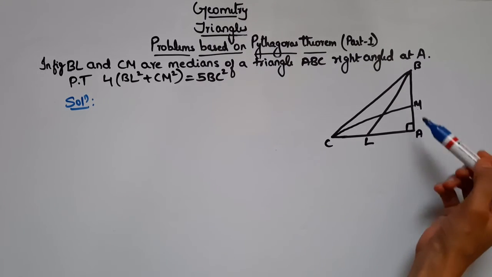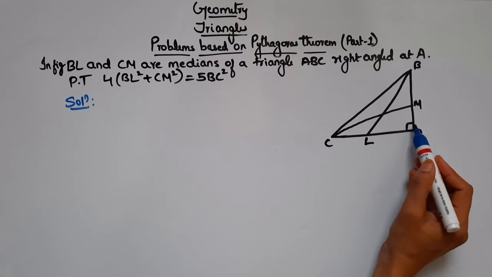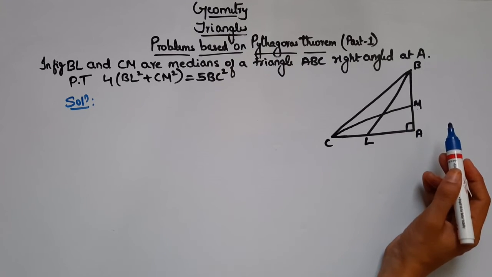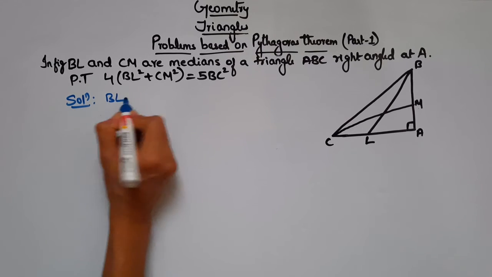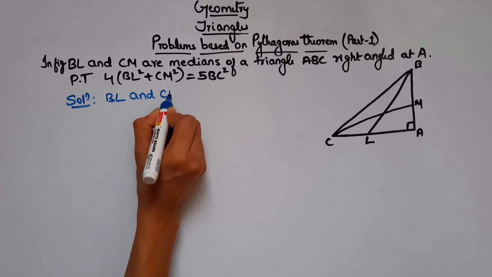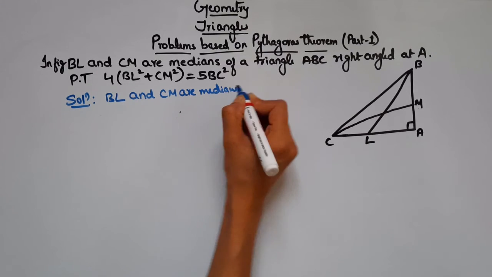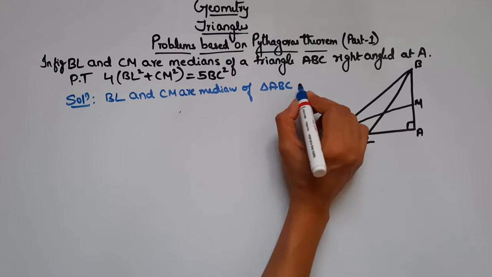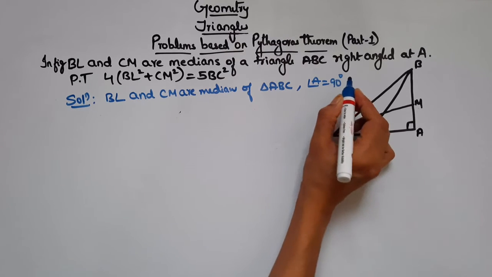Since they have told triangle ABC is a right angle triangle, which is right angle at angle A, we can apply Pythagoras theorem, right? First let's write what is given. Here it says BL and CM are medians of triangle ABC, in which angle A is 90 degree.